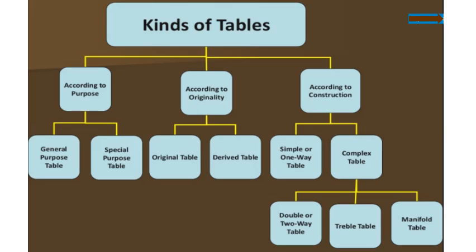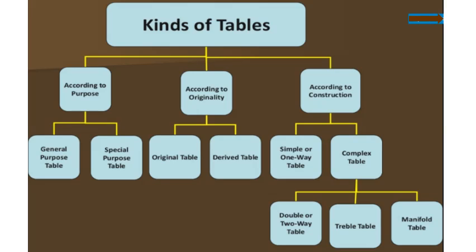One more thing, when we talk about qualitative classification, like I told you, say rural and urban, this is qualitative classification. Male and female, this is qualitative classification. So qualitative classification and presentation of data, you have to remember. But usually here in our syllabus we deal with quantitative classification and tabular presentation.